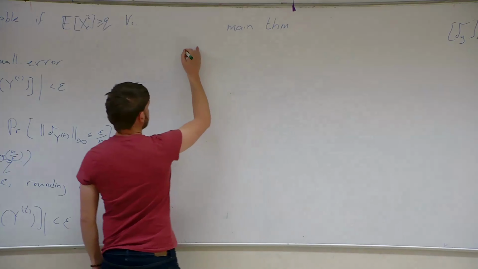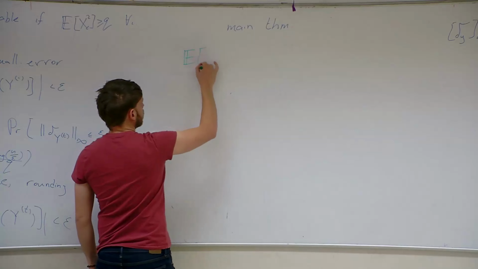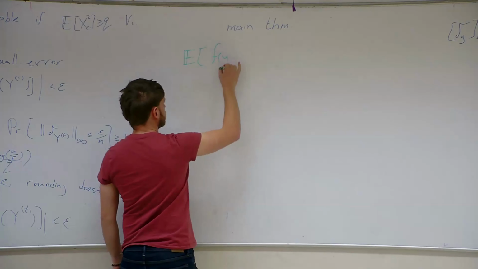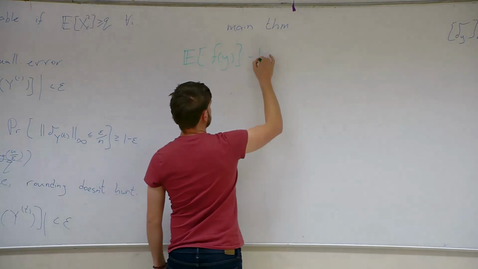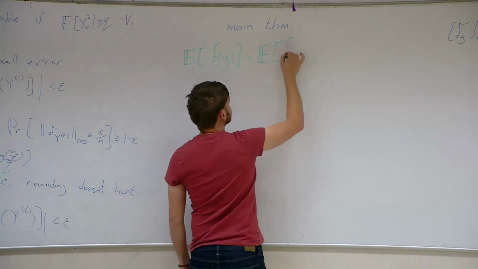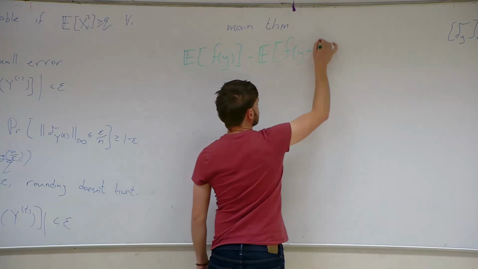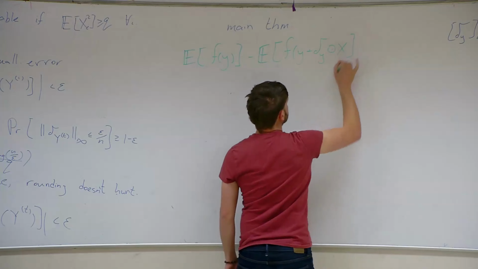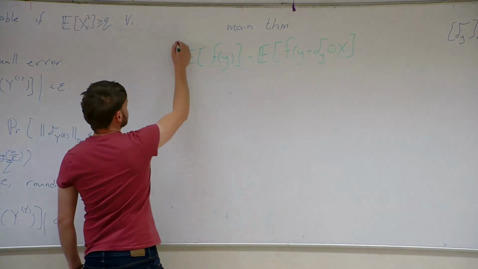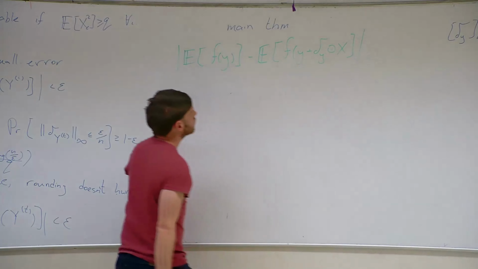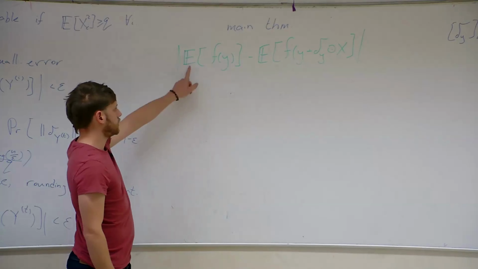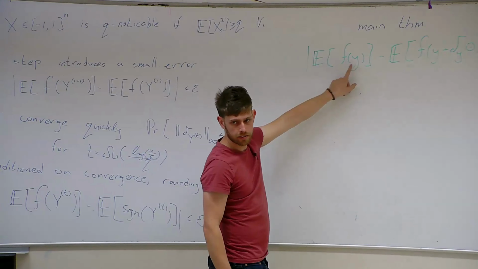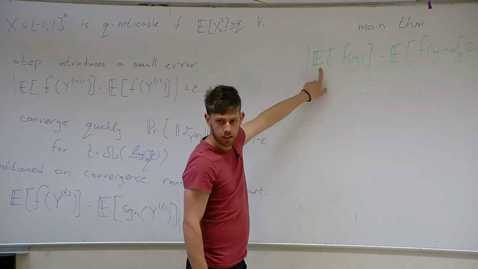Let's write the expected value of f of y minus the expected value of f of y plus delta y times x. This is not really an expectation, right? This is just f of y. There is nothing to take expectation over.